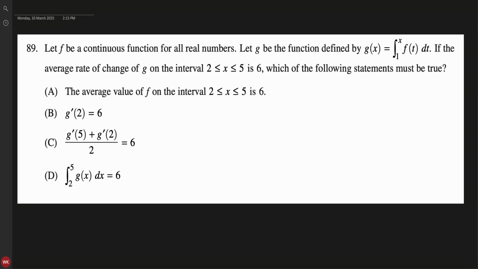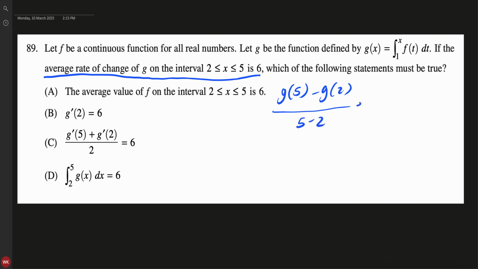Okay, so basically we are given that the average rate of change of g is 6 from 2 to 5. That means that g of 5 minus g of 2 over 5 minus 2 is equal to 6. In other words, g of 5 minus g of 2 is equal to 18 if I cross multiply.